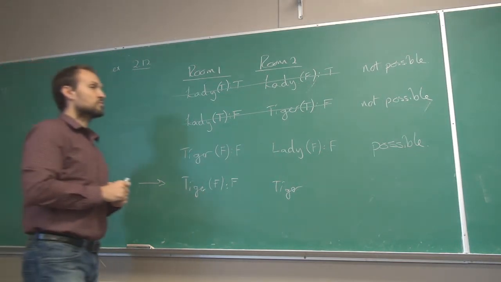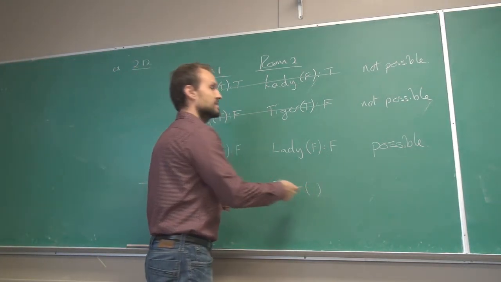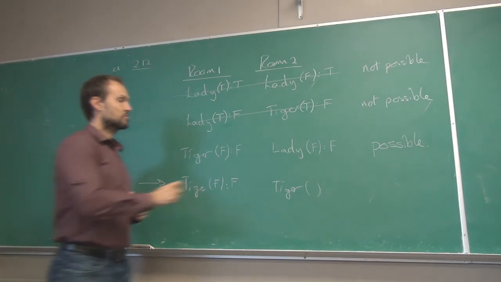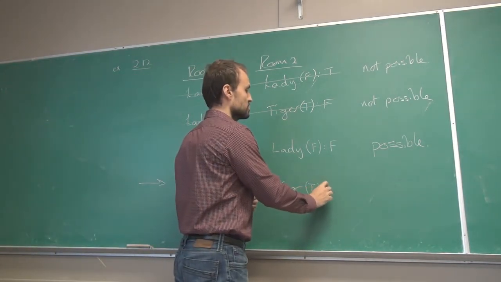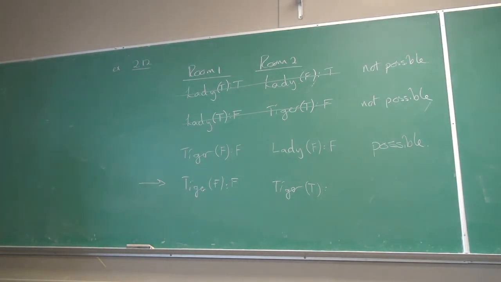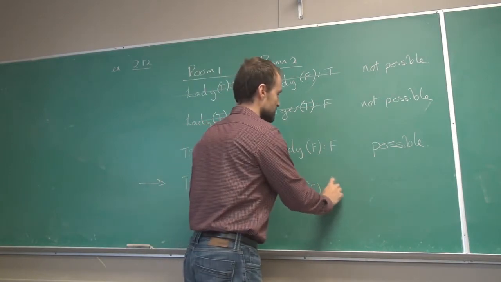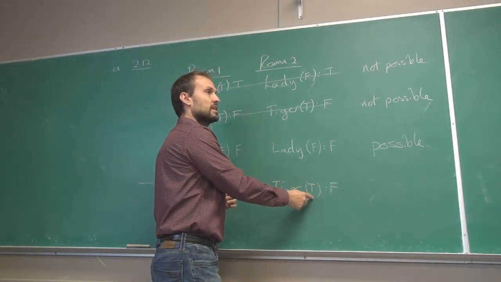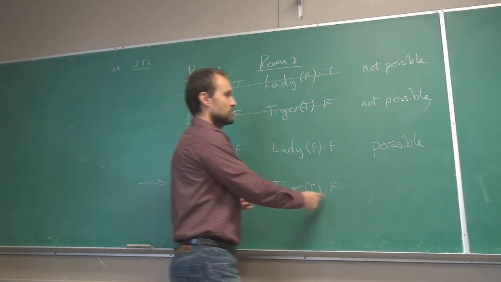If there's a tiger in room 2, what should the sign be? True. We have to know the rules or we can't do this. What is the sign saying? Both rooms contain ladies. That is very much false. It doesn't match with what the king says is happening in room 2.